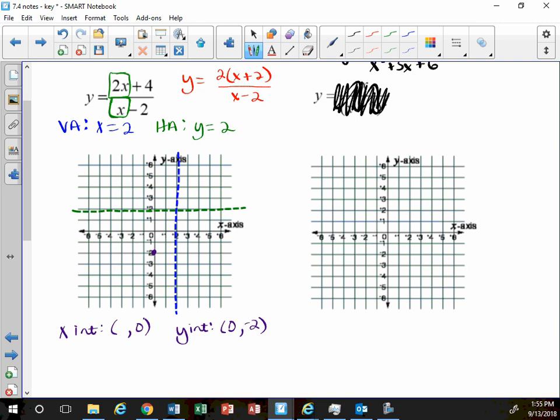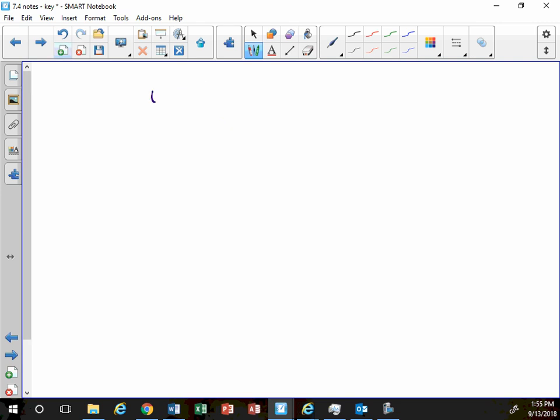Okay, now x-intercept. That's just the same equation you guys have. If I'm talking about the x-intercept, meaning my y has become a 0, let's think about this. If I want this whole fraction to equal 0, which piece of the fraction needs to be 0?